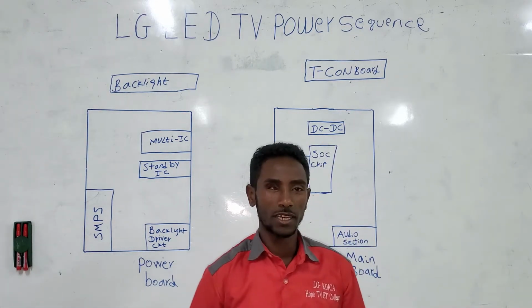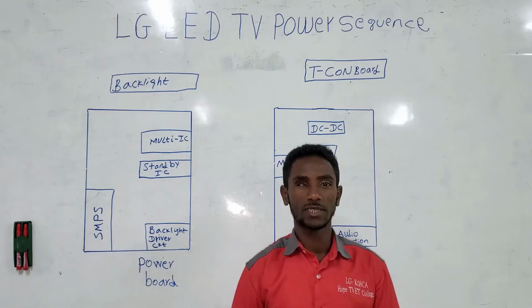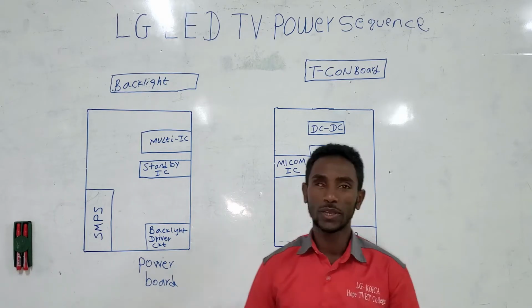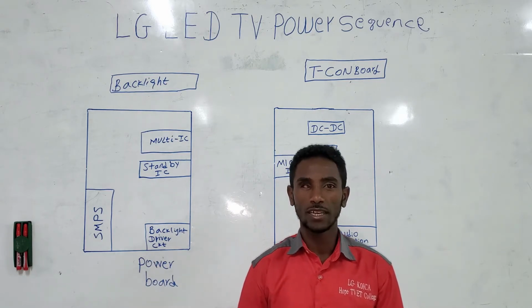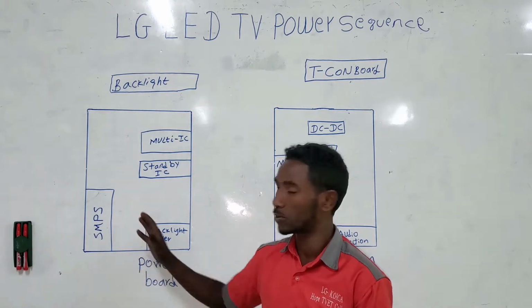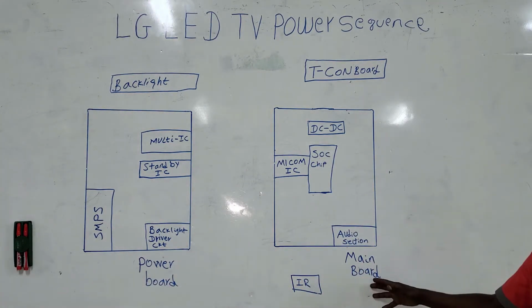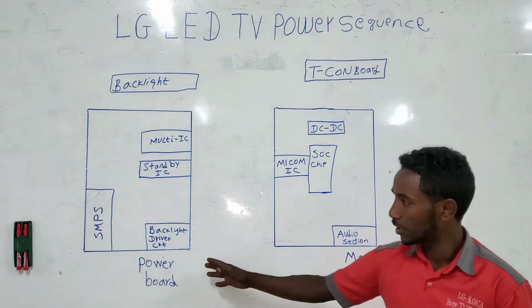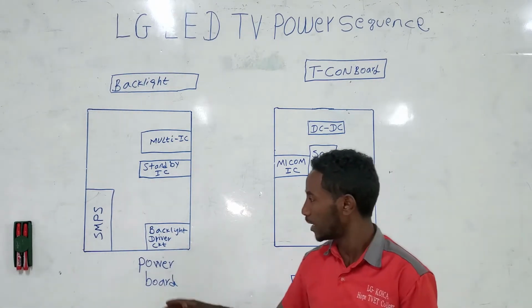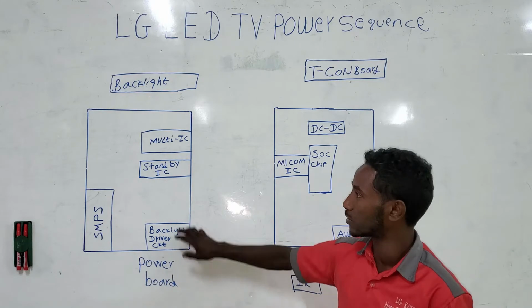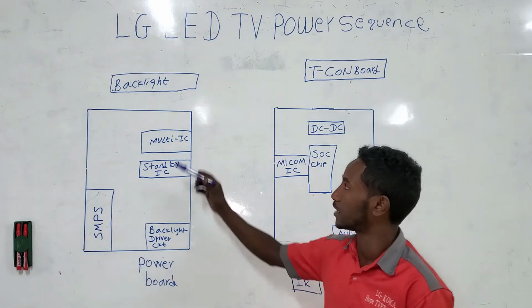I just prepared this block diagram, and I'm trying to explain the power sequence for LG LED TV. Okay, to begin today's tutorial, as you see we have two boards, the power board and the main board. On the power board, we have an SMPS, which is the primary section of the power supply, and the backlight driver circuit, standby IC, and multi-circuit, which is the multi-IC.